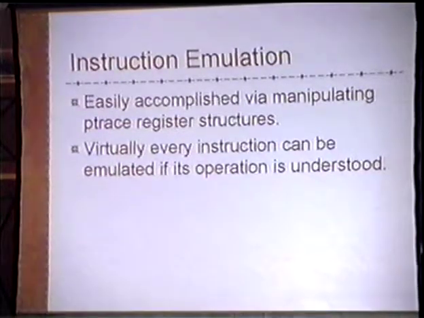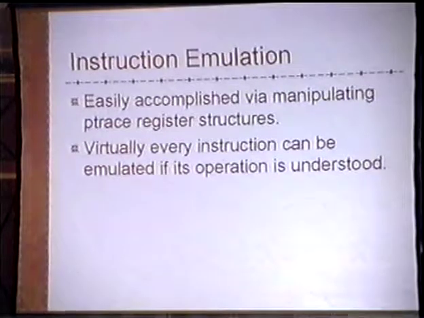This is done by, Shiva has access to the ptrace register structures because when it replaces an instruction, it puts an int3 in that place. And the controller process, when it takes control of execution, has access to a structure which contains information on every single register.